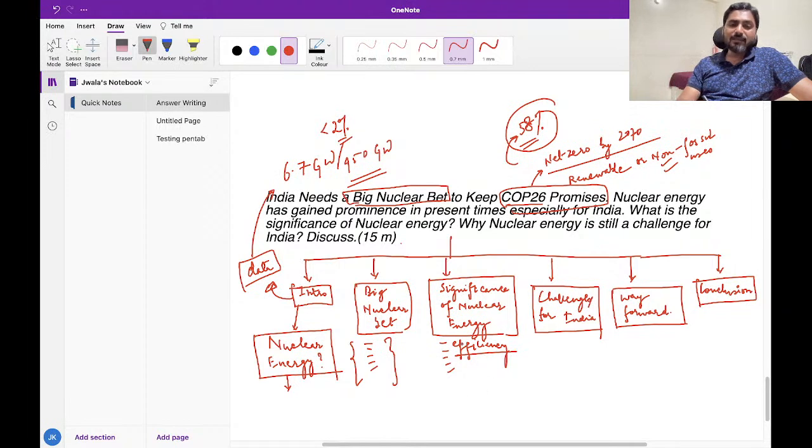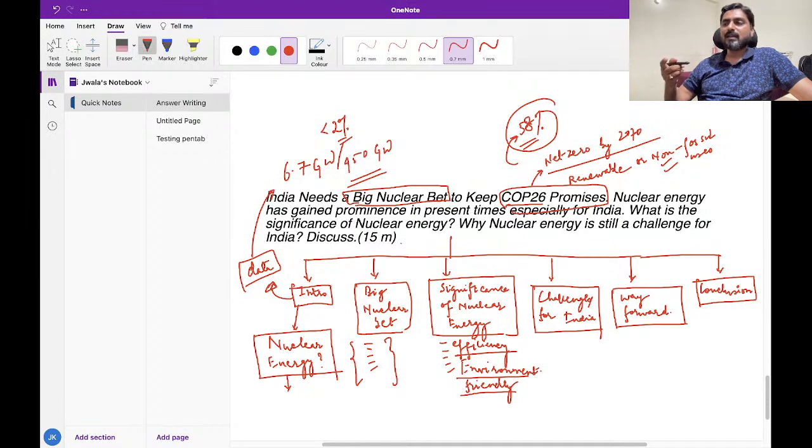Okay, another big advantage is that you can say that it is environment friendly. Because if you're burning wood, coal, petrol, diesel, gas, in all those scenarios you are producing carbon dioxide. Carbon dioxide is a greenhouse gas.